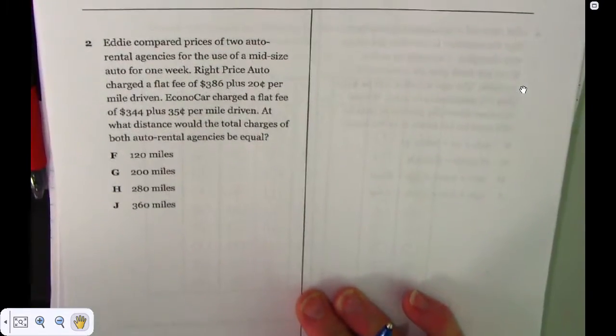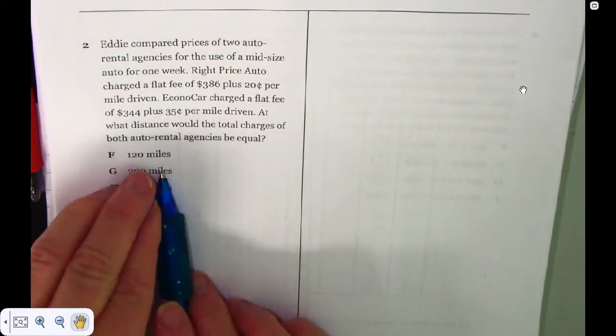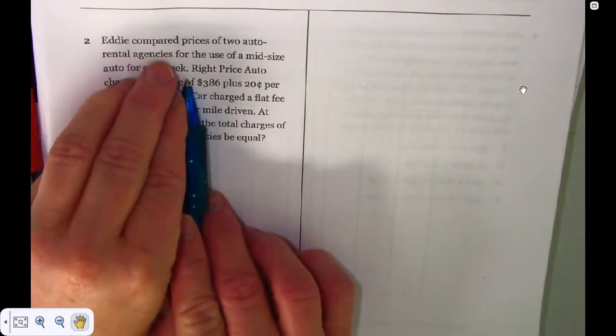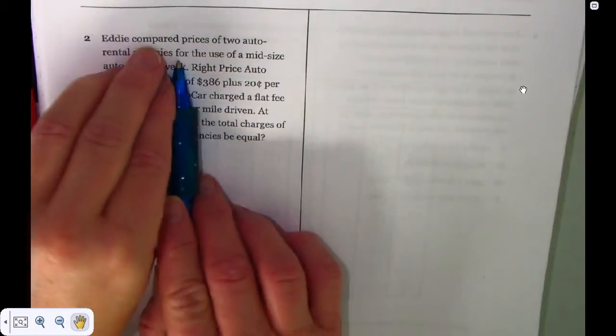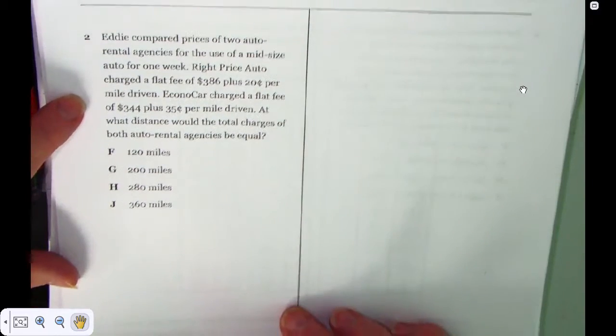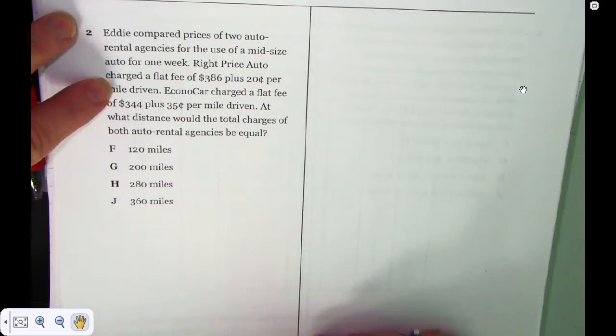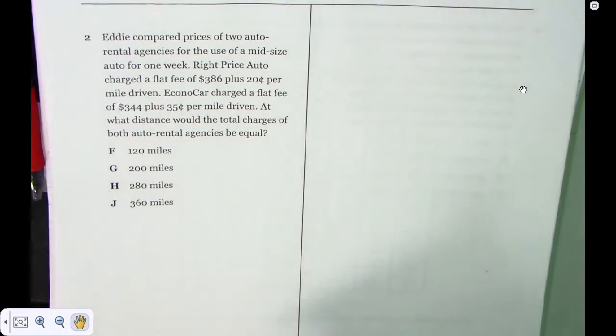Okay, number 2. Number 2. Guys, there are some people that put all these answers in the problem and found the one that worked. But if you did that and got it right, okay. But I need you to be able to write the equation. So we're going to start that.